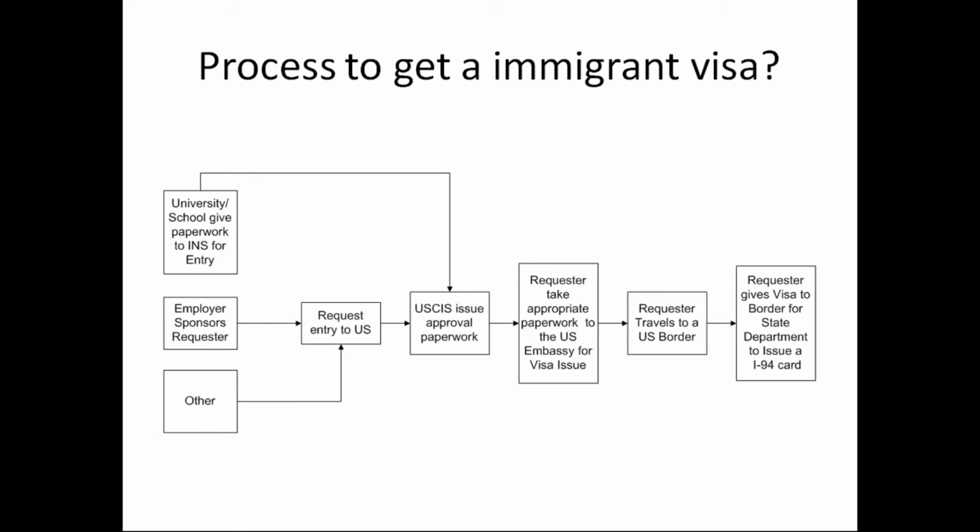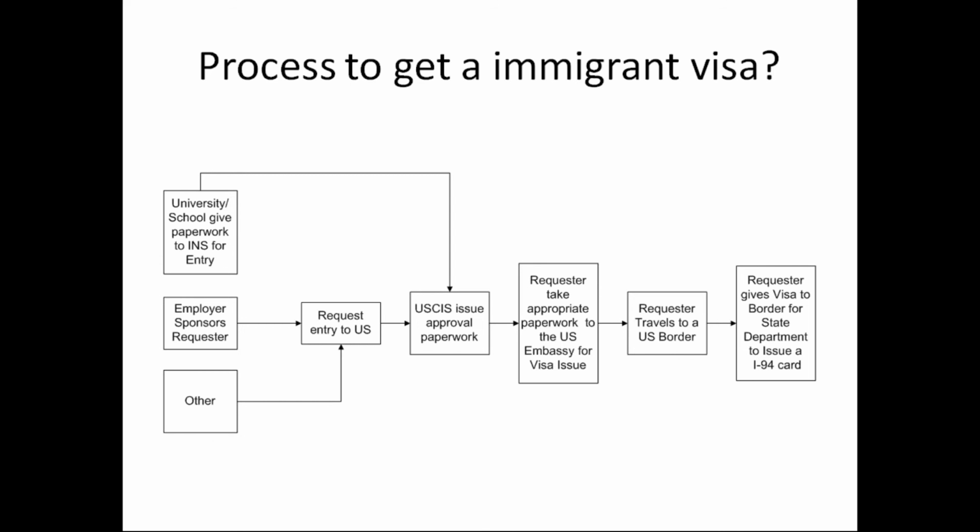The standards it has around what is eligible depend on the visa, but the approval comes from that service. Once an individual has their approval paperwork, they're going to go to the U.S. Embassy in their home country.